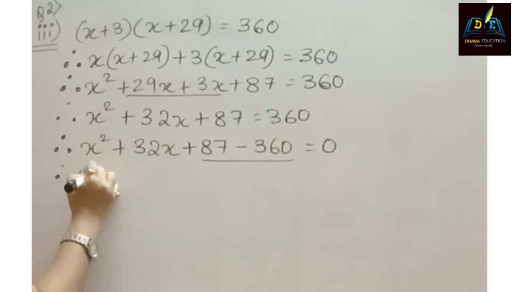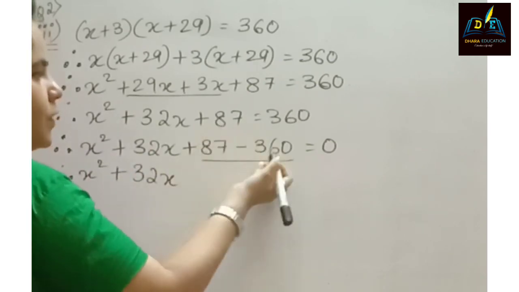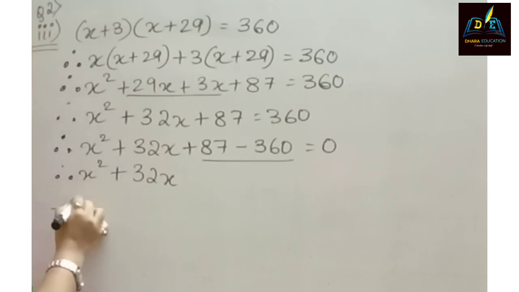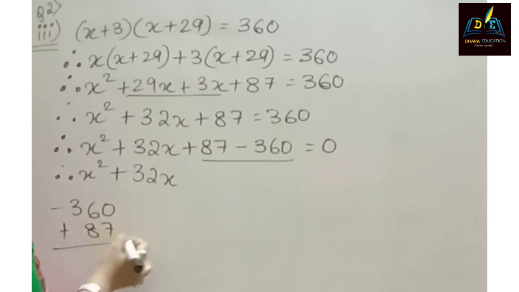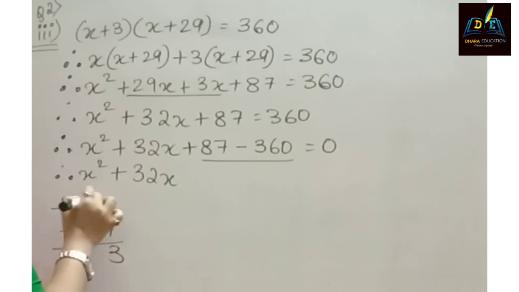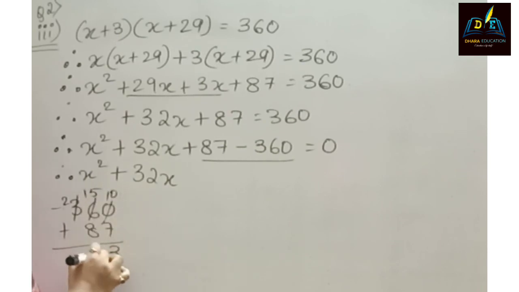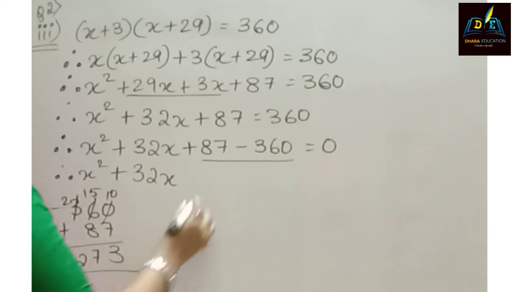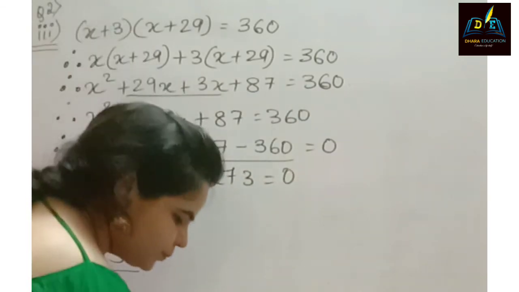Therefore x square plus 32x and over here what will be? Minus 360 and plus 87. What will be the answer? We are getting minus 273 is equal to 0.